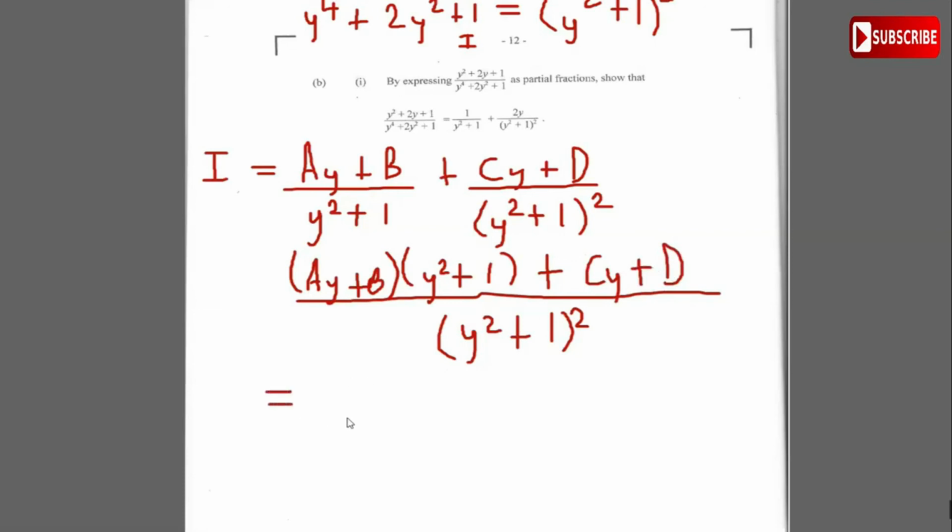So let's go ahead now. Keep on working. So you have to have ay plus b times y squared plus 1. Ay times y squared is ay cubed. Then ay times 1 is ay. And then b times y squared is by squared.